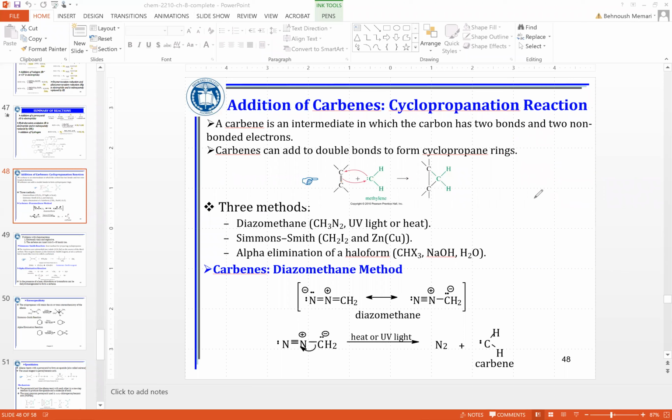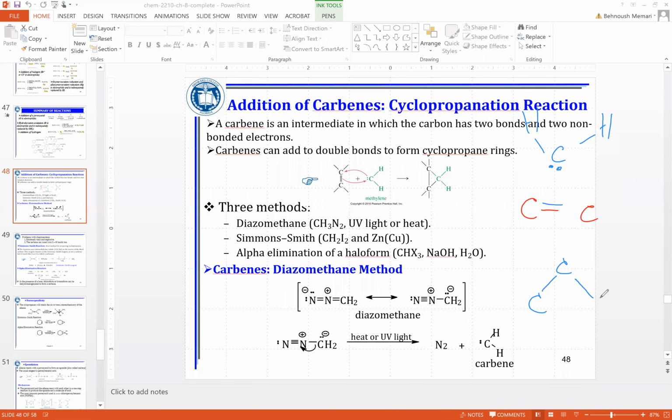You're breaking the pi bond, and you are bringing a carbene. So if you have this, I'm just going to put the blue color here, and then you have the carbene. The pair of electrons from the carbene is going to come and form a bond with one of these carbons, and then the pi bond will form the second bond.